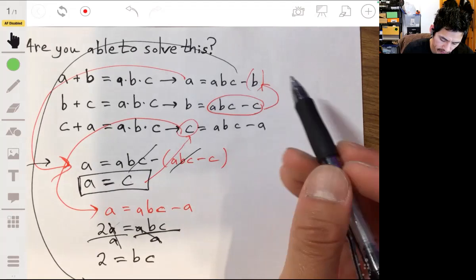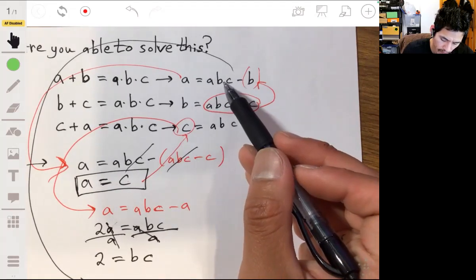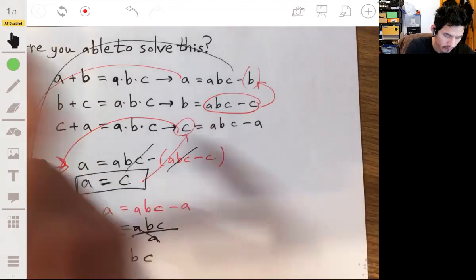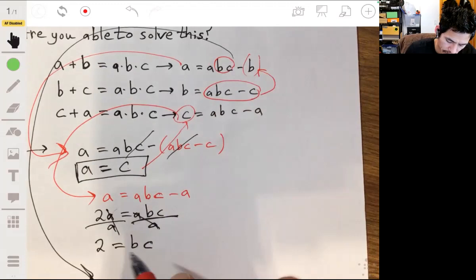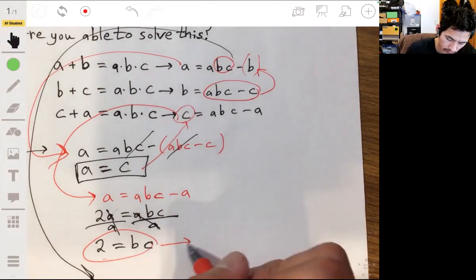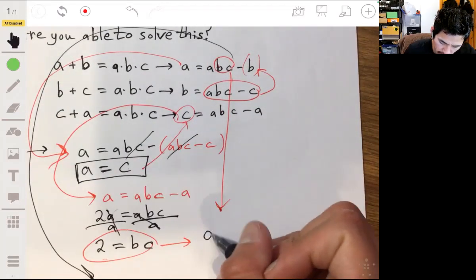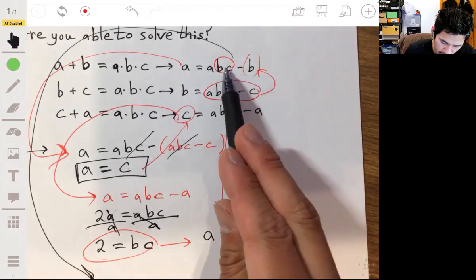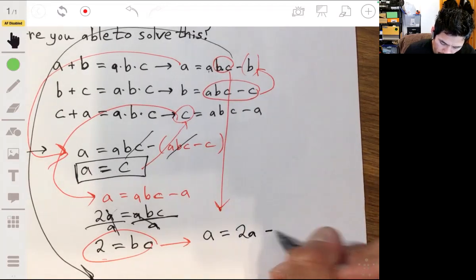And then we'll get that for this BC. Lost my train of thought there for a second. Sorry about that. This BC will be substituted for that 2 here. So then bringing this top equation down, we'll get A is equal to 2 times A minus B.